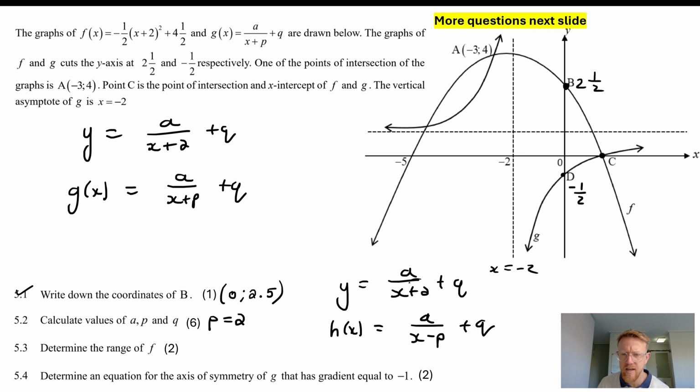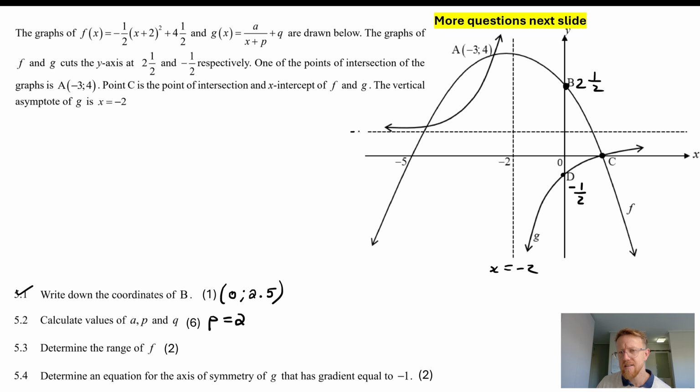Then you would just say, okay, so this part must be the same as this part. And then if you had to solve, you would say that p is minus 2. So it doesn't change the equation, it just changes the p-value based on what they decided to use in that exam. Some exams are going to use x plus p, other exams are going to use x minus p. But it doesn't change this part. That part is from the graph itself.